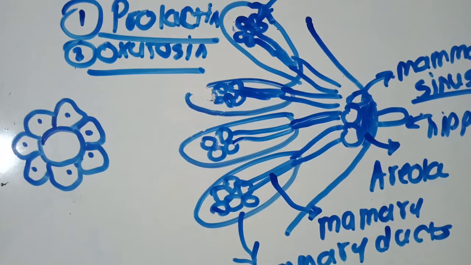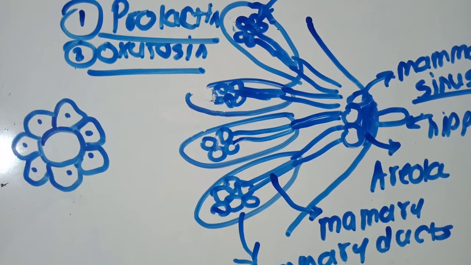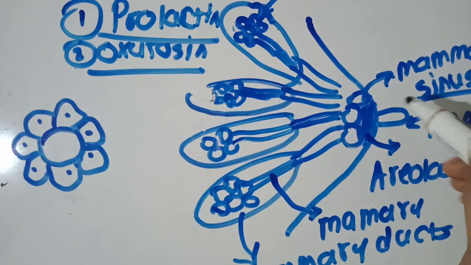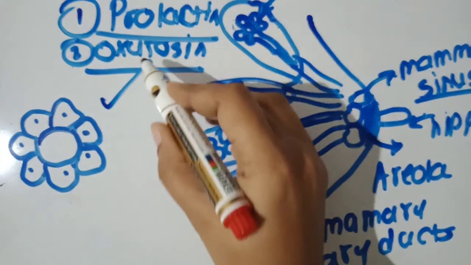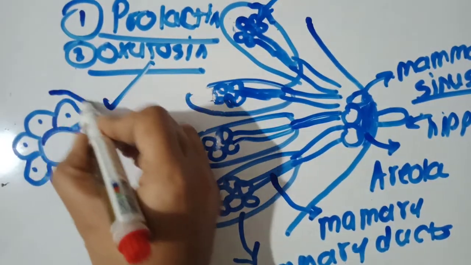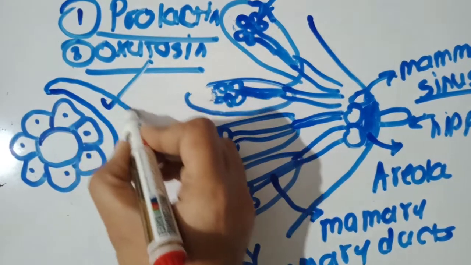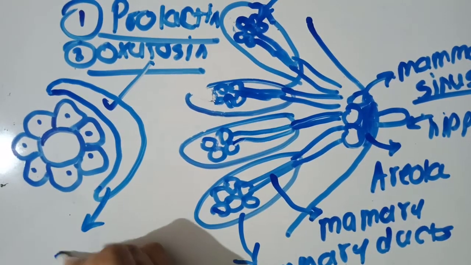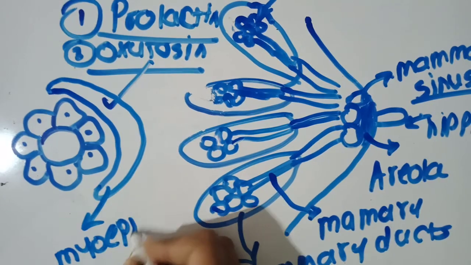What happens first is prolactin. It's very important for producing milk, but when the baby suckles the nipples, the nerve impulses send a signal to the brain, and the hypothalamus starts secreting the hormone called oxytocin. The alveoli are surrounded with myoepithelial cells, another type of cells.